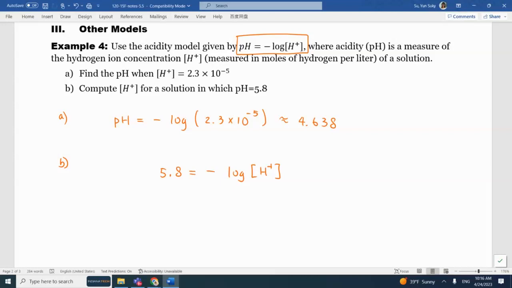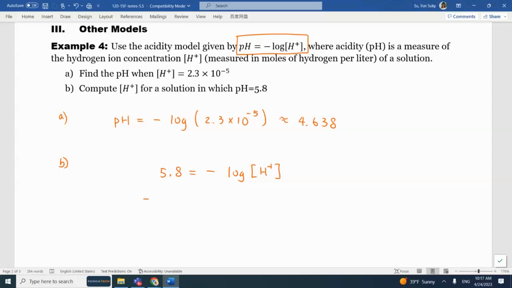Divide by -1. We have a log expression. We need to isolate it first. Okay, everybody? Before you apply the exponential function, you must isolate the log term. And here it's not isolated because there is a minus sign right here.